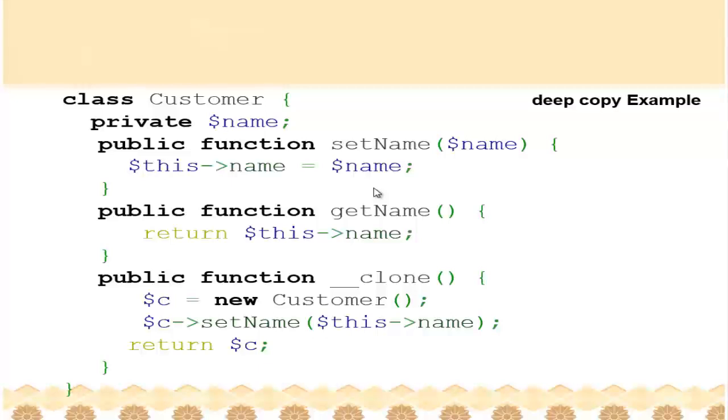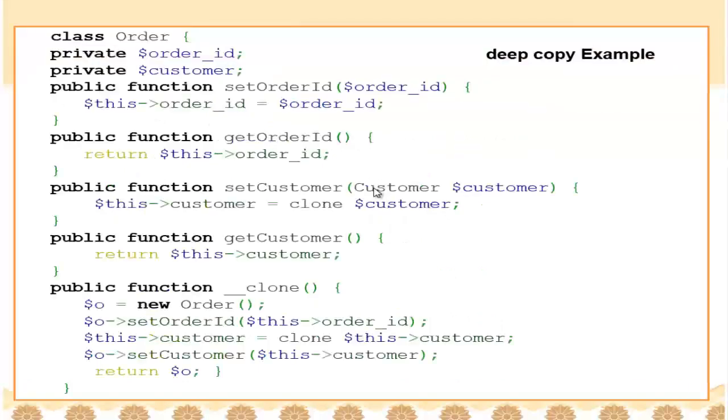So when I try to call here, in the order, set customer, it's going to make a copy of that customer and give it to you. So how do I clone this order? To clone this order, I create a new instance of it. I set the order ID, which is a straightforward one. I try to set the customer equal to clone of this customer.